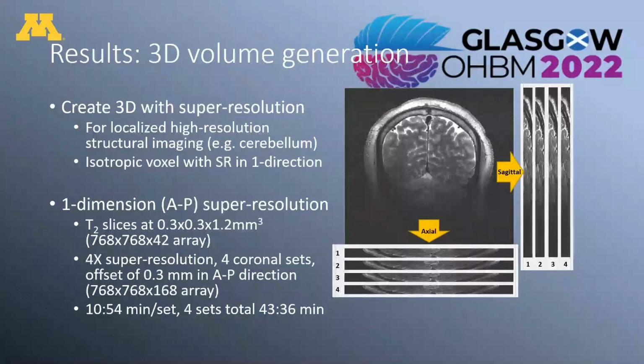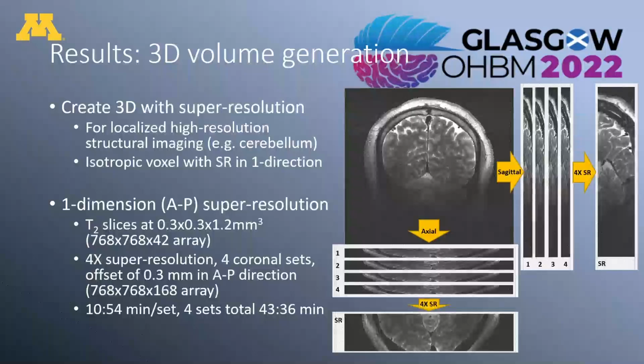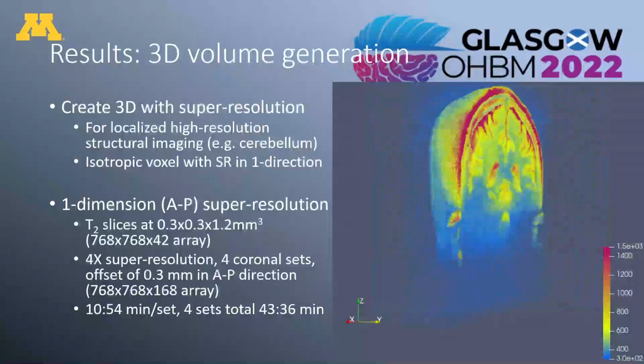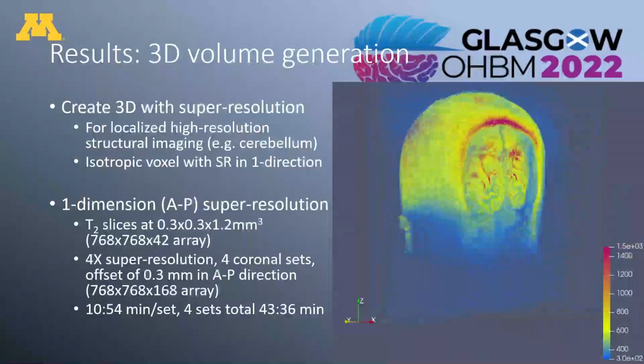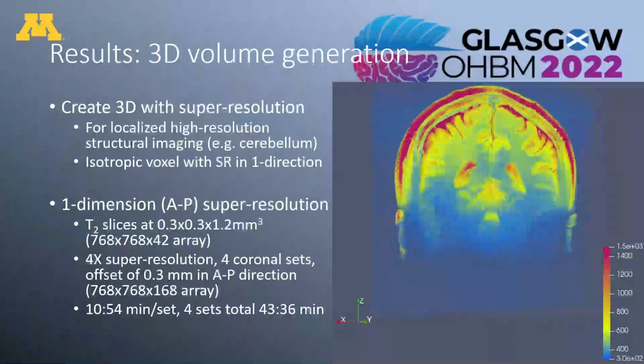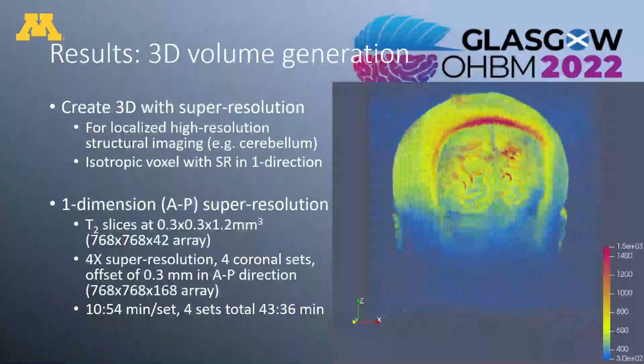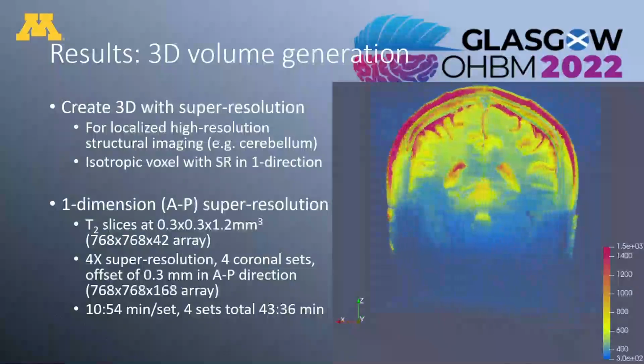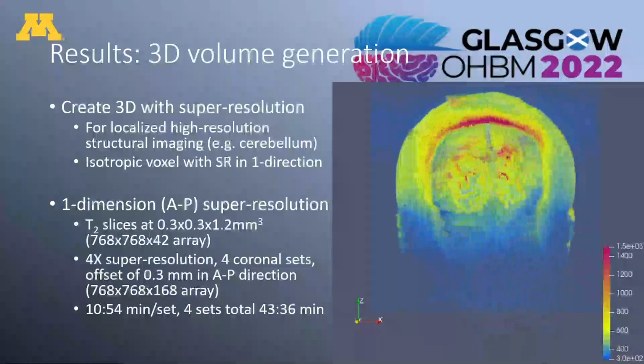You can see from here that each one's kind of squeezed, because the anterior-posterior dimension is 1.2 millimeter. But when I did the SR, you generate a flat image, and looking at 3D, you see a volume. Within 40 minutes you can acquire this, and I didn't use any motion trackers, so I was happy with it.